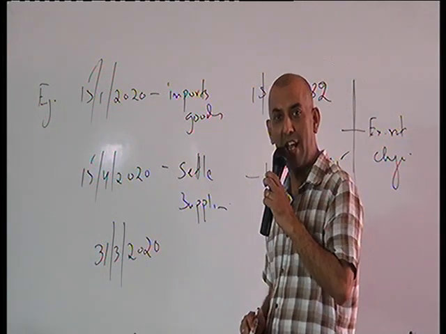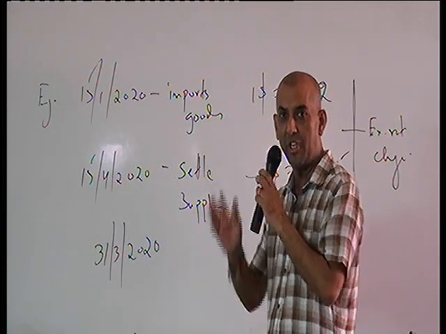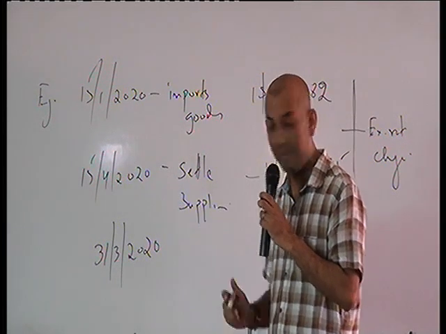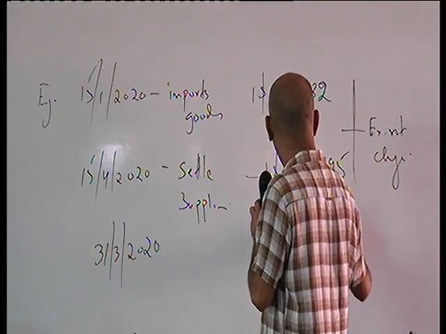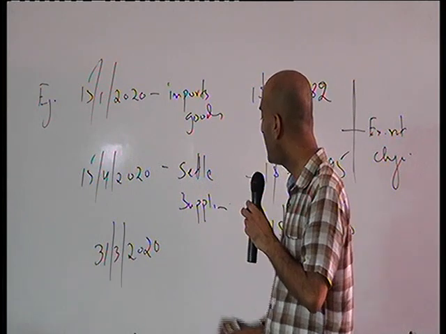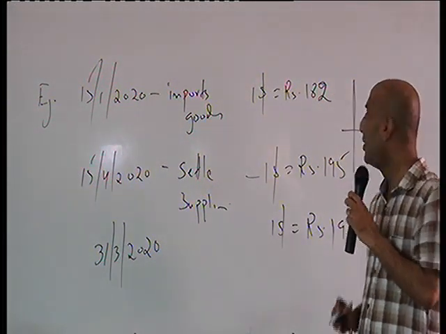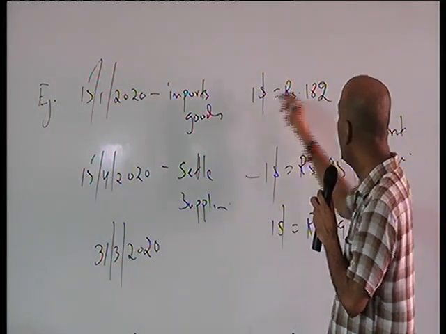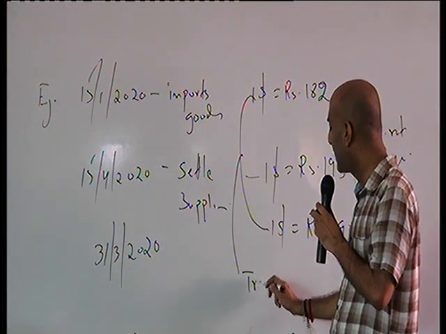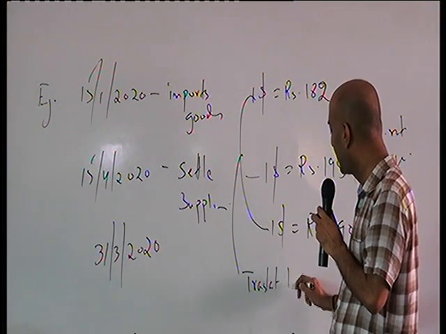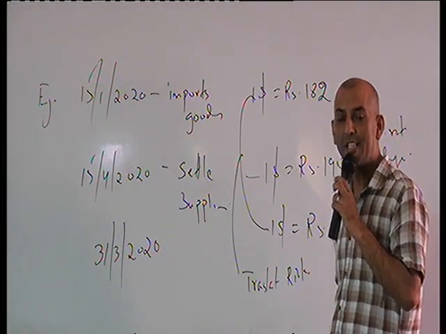Quarterly accounts, if you take 31st March 2020, you will convert your monetary assets and liability at the closing rate. On this date, your $1 equals rupees 190. So the gap between 182 to 190, this is the translation risk impact.